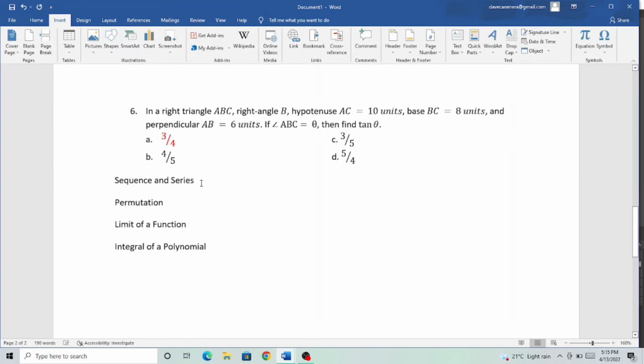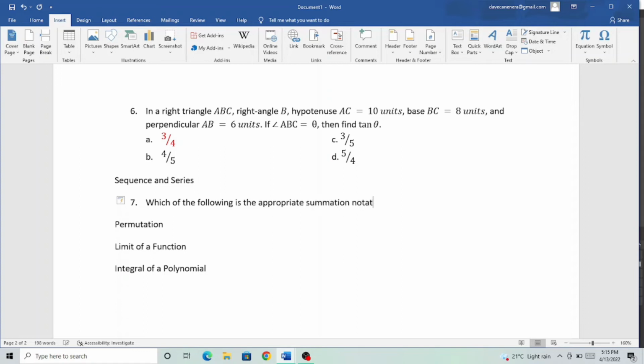So moving on to sequence and series. Then number 7. Suppose we have, let's say, which of the following is the appropriate summation notation of the following arithmetic series.